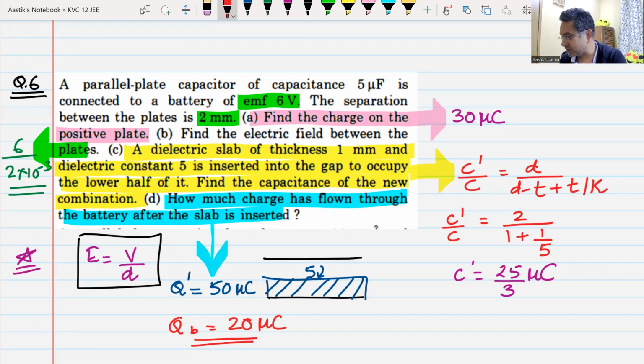Anyone got the answers for this one? Please raise your hand if you got the answer, all the parts. No one got it. So I will give you 5 minutes. Everyone will now do this question on your own without looking at the board.